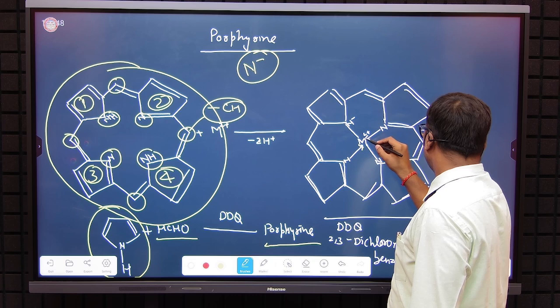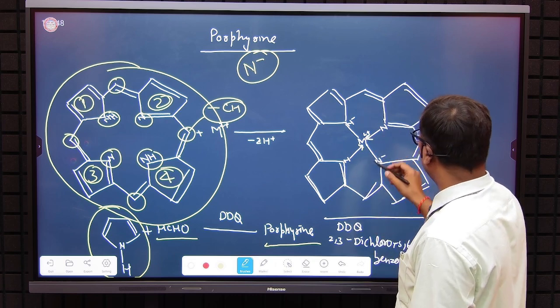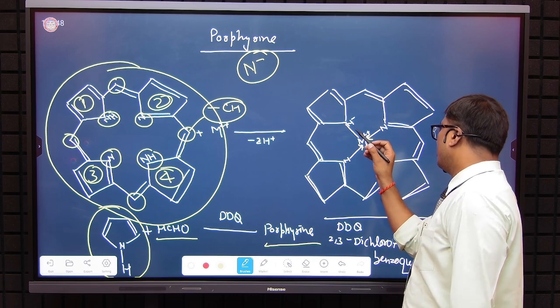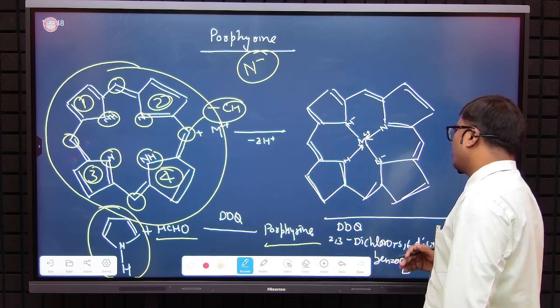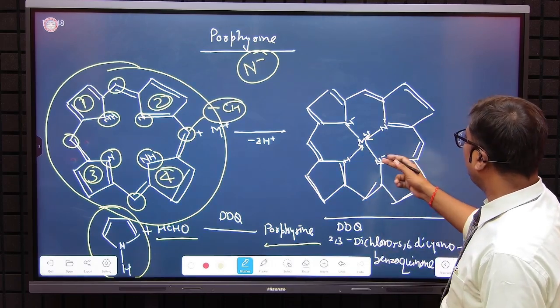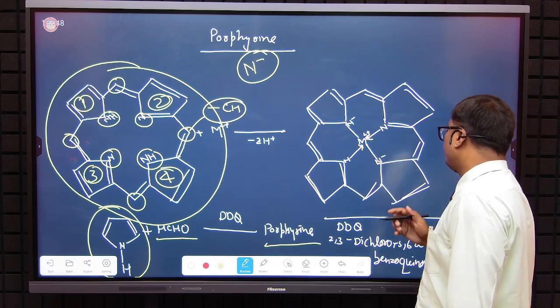So this is your coordinate bond, and because of the 2 plus charge and 2 negatively charged nitrogens, there is a strong electrostatic interaction, so it can form an electrostatic coordinate bond.